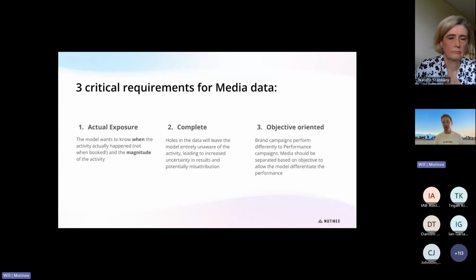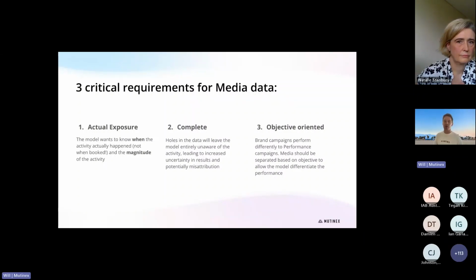And then lastly, it's also so important to think about what the objective orientation was of that media. It's completely incorrect to just be looking at a channel and class it all as the same when we know that if that channel has been executed using some brand approach versus a performance approach, the outcomes should be extremely different. And so a model wants to be able to differentiate between your funnel stage, ultimately, of your media.